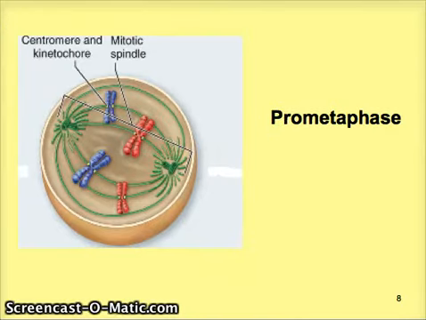Prometaphase is the transition period between prophase and metaphase. This begins after the nuclear membrane disappears. During this time, a second group of microtubules will begin to grow from the asters, or from the poles, and will attach to the chromosomes at the centromere.